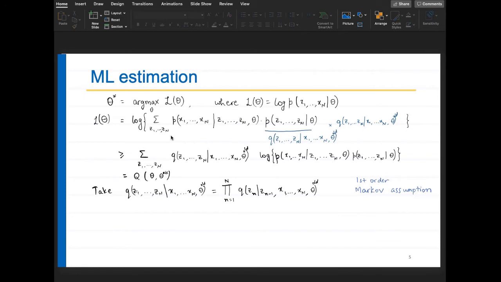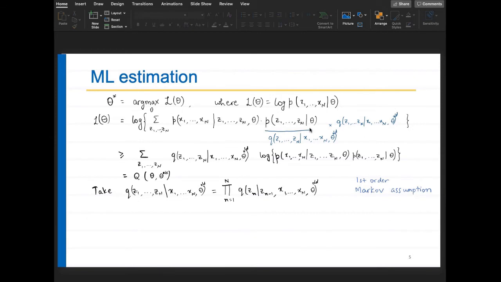I can also write it in conditional form: P of x given the latent variables times P of the latent variables. This is the simple product rule, no approximation involved here. Now this is a difficult problem to solve because inside the log there is a summation, so the log cannot operate on each term. That is why differentiating becomes very difficult.